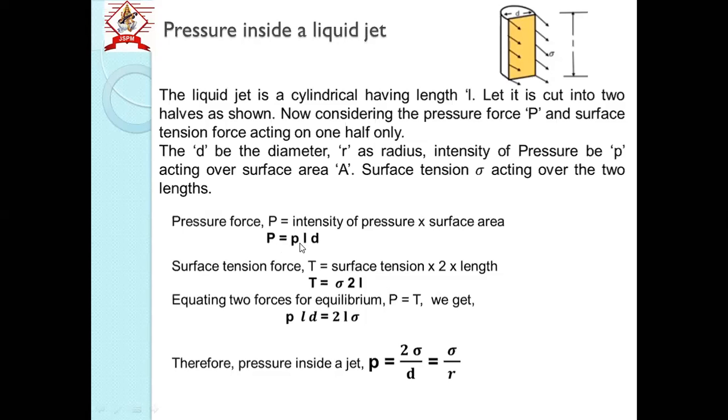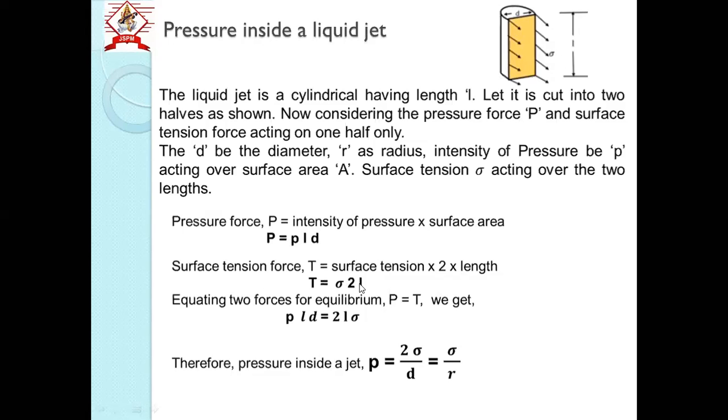Now what will be the pressure force? Intensity of pressure multiplied by area. P is the intensity of pressure and the area is the rectangular area, L into D. So P L D is the pressure force. The surface tension force is surface tension into the length where it acts. Two lengths are there, therefore 2L.